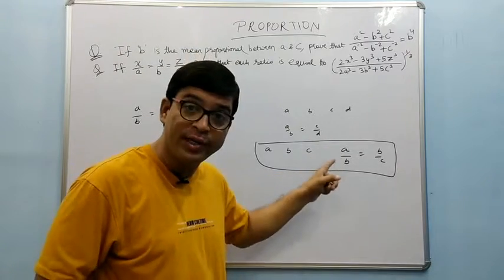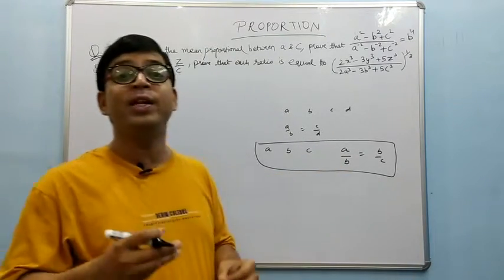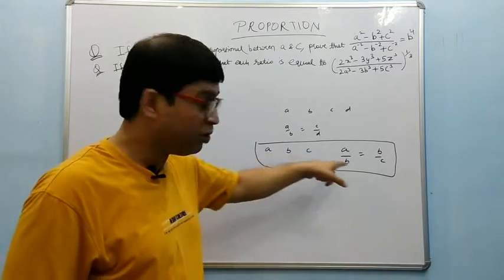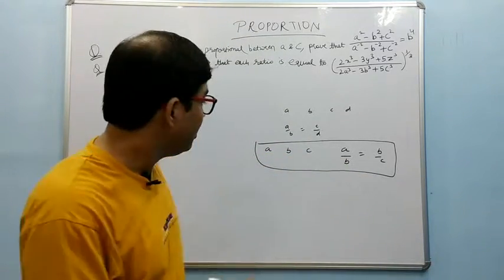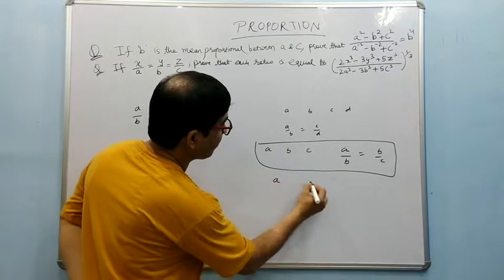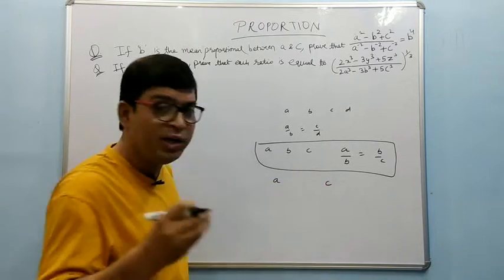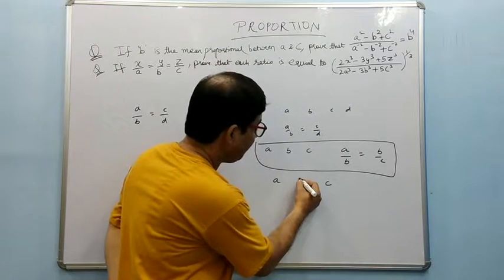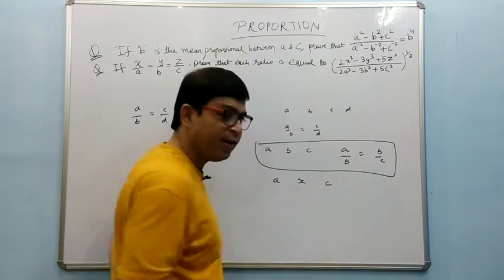A very important note: three things, that we will see in continued proportion later on. Firstly, you see the third proportional can be found out by this. Suppose A and C are given, and we need to find the mean proportional of them. Let it be B, or X if I am writing.